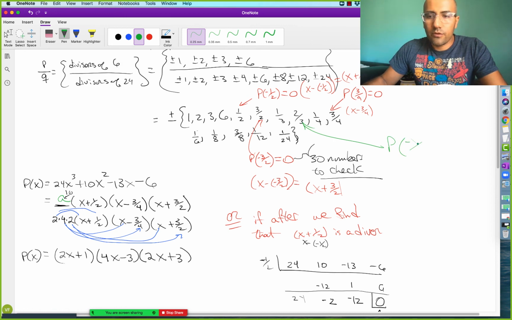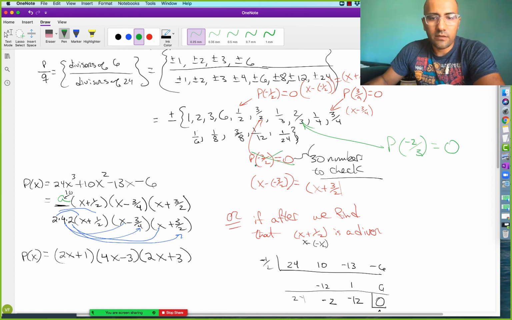Negative 2/3 was the 0. Not this one. This one's not a 0. So we had negative 1/2 was a 0. We had positive 3/4 was a 0. And negative 2/3 was a 0.